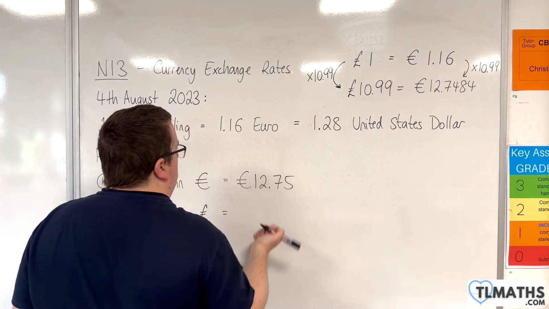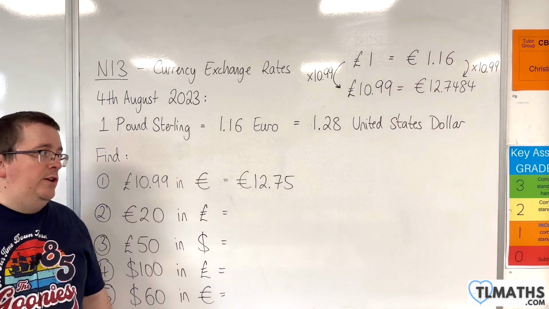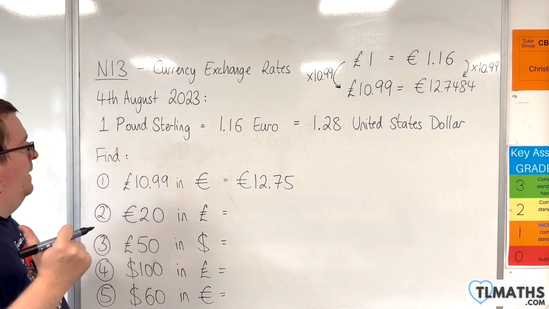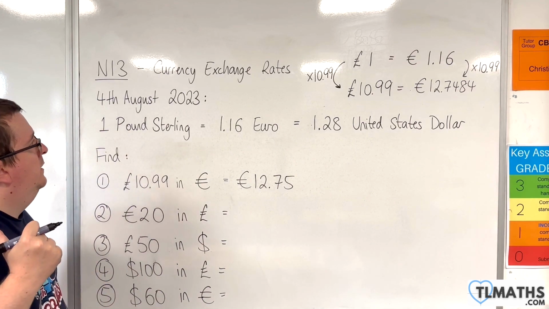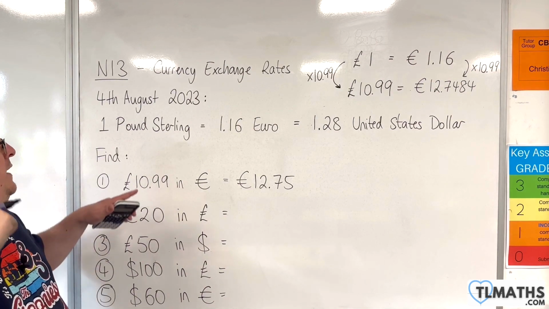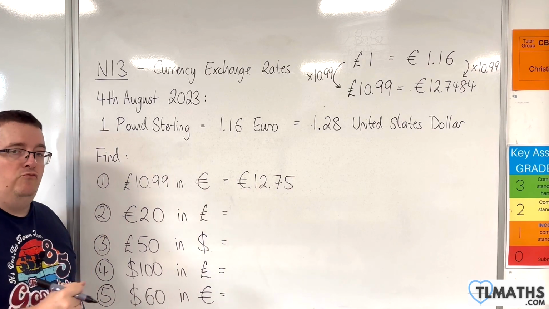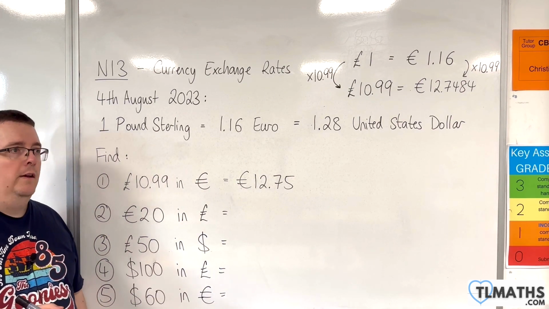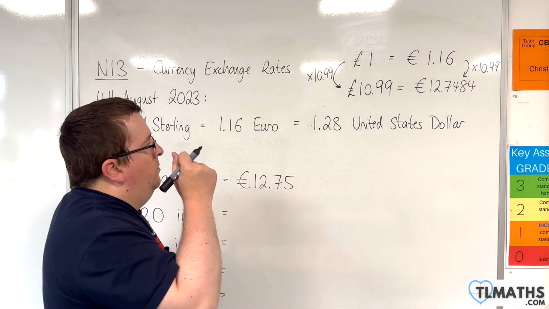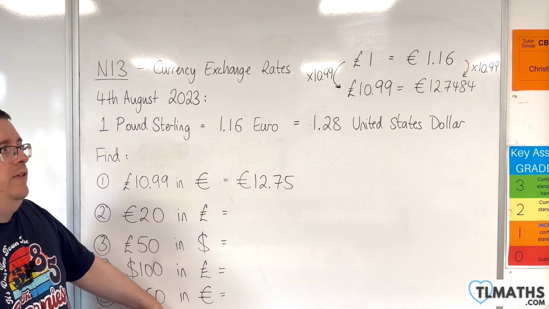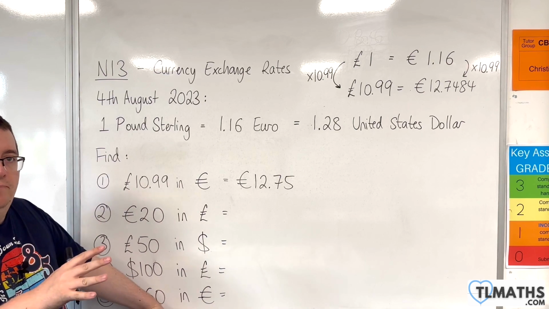12.75 euros. Now if you do this online on a currency converter, the exchange rates here have been rounded themselves, so there are more decimal places to the right than you might be able to see.